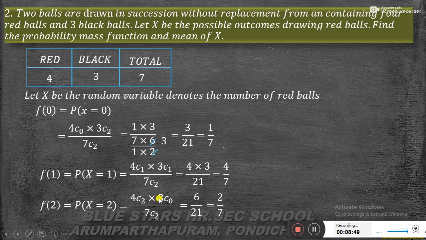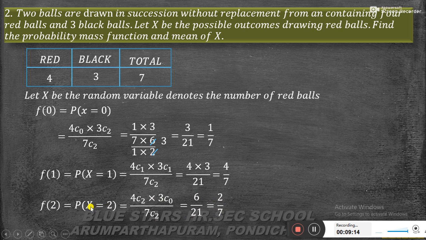So 4c2 into 3c0, by 7c2, with no black ball, only red balls. 4c2 means 4 into 3 by 2 into 1, which is 6. 3c0 is 1. 7c2 is 21. So I cancel by 3: 3 2s are 6, and 7 3s are 21, so 2 by 7. So 2 by 7 is the answer for f of 2.